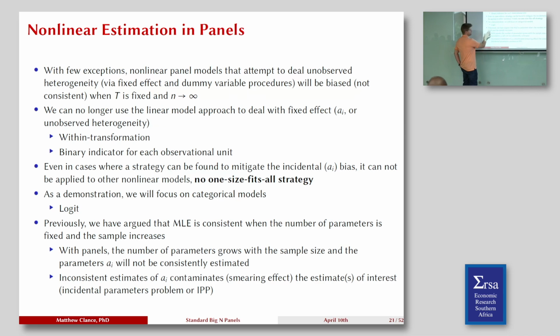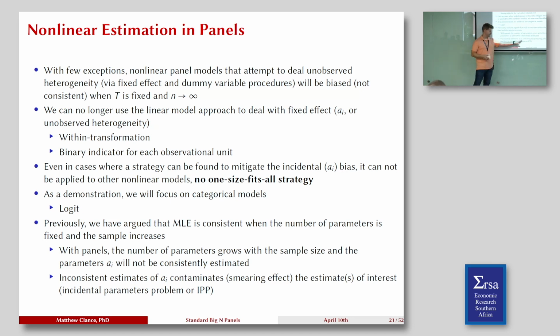And then previously, we've argued that basically MLE is consistent when the number of parameters is fixed and the sample size increases. But with panels, we've already said the number of parameters grows with the sample size. Basically, that means each time we're adding onto our sample, we have more and more parameters to estimate, especially if we're going to try to deal with this unobserved heterogeneity. So in those cases, we're not going to get a consistent estimate.